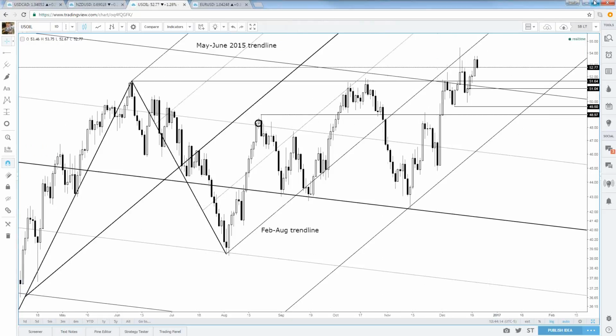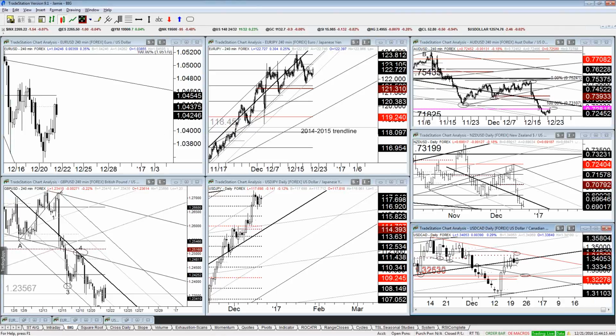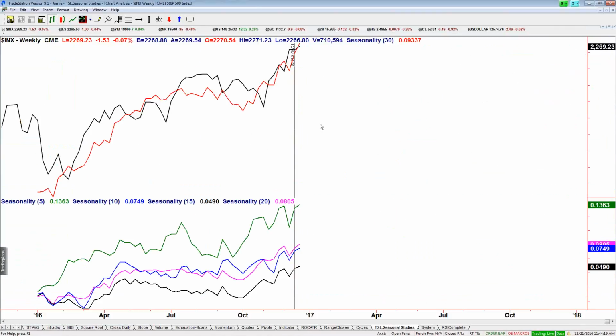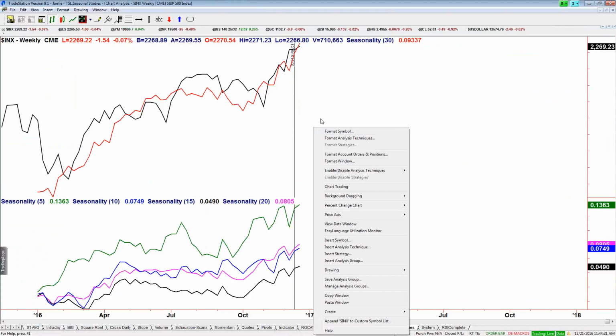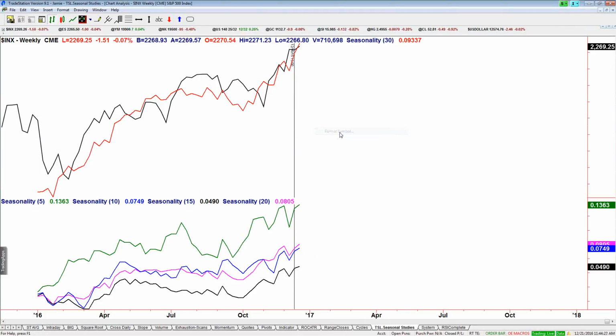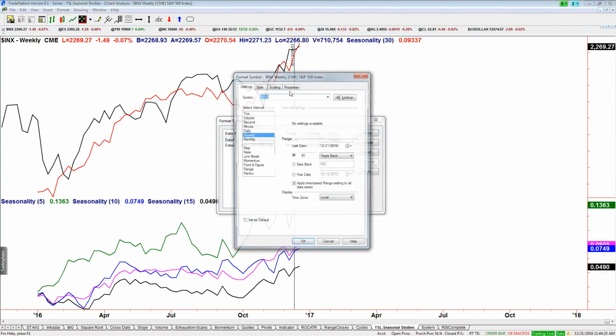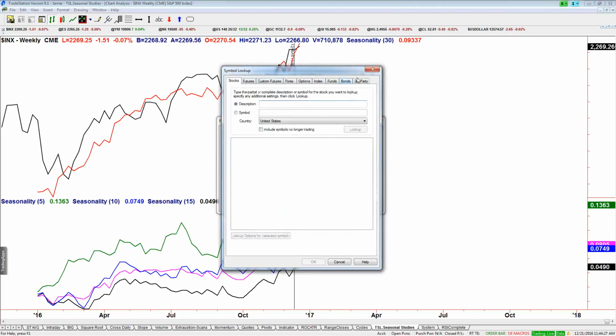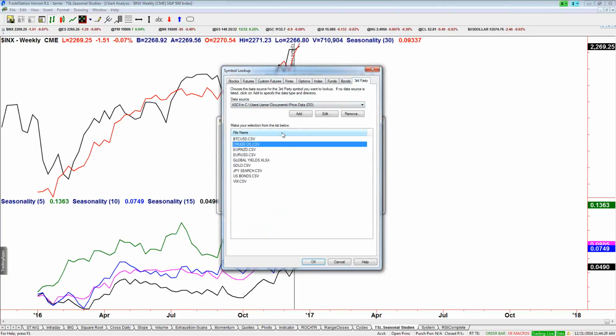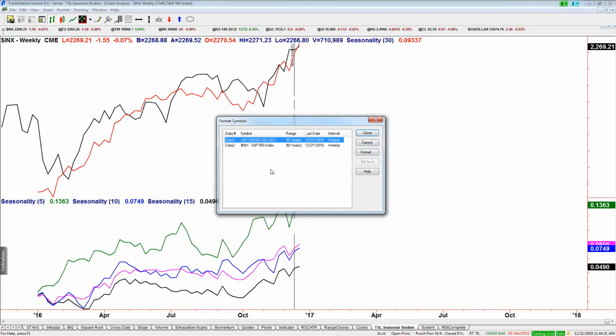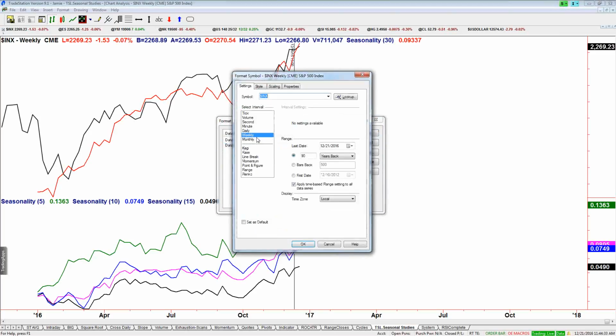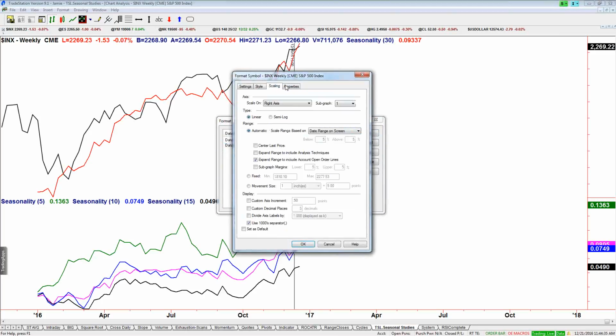But the chart that I wanted to make you aware of is the seasonal aspects for crude oil. Okay, crude oil is typically actually very positive in the early part of the year, the first 6 months specifically.